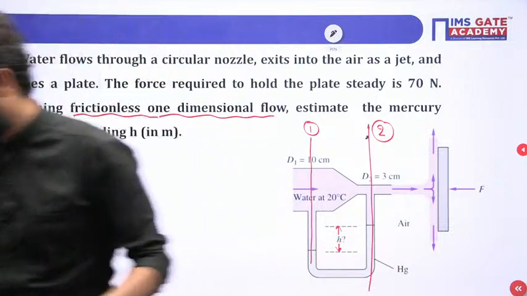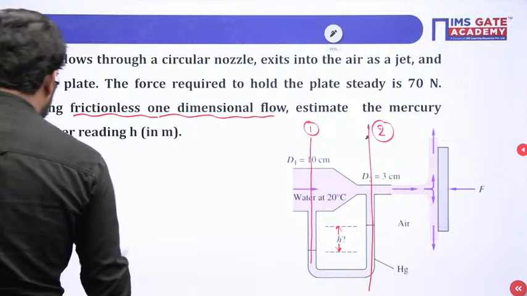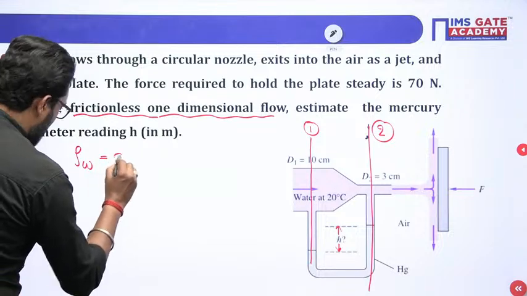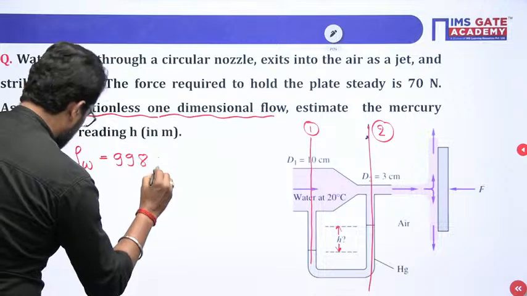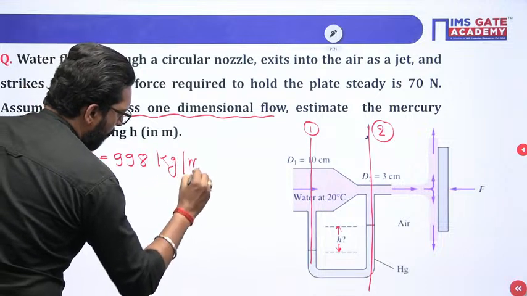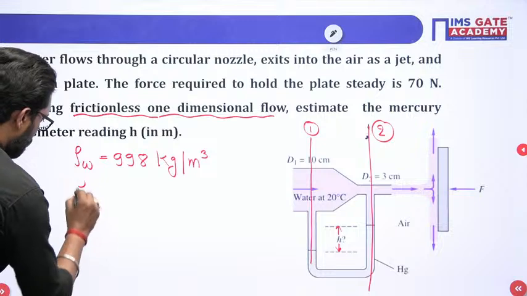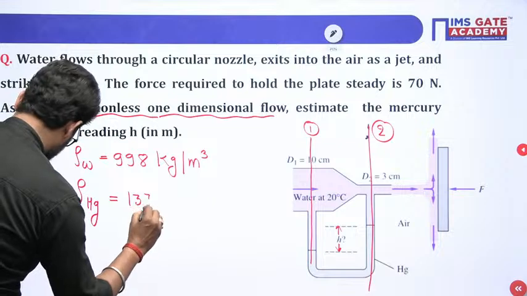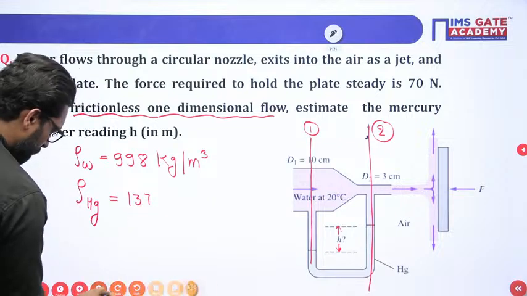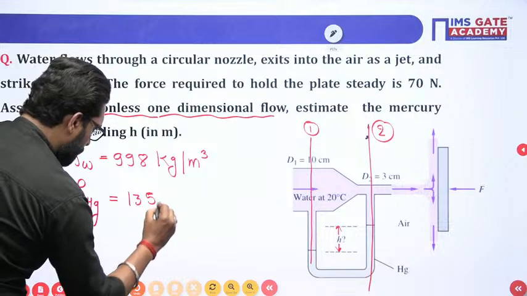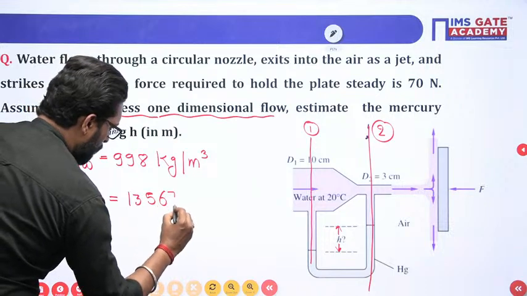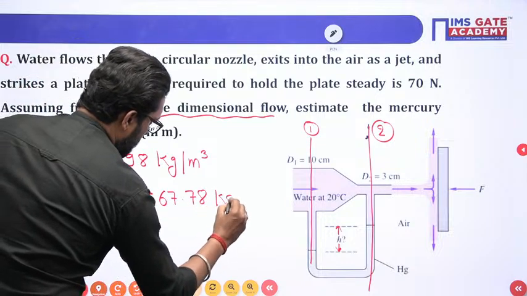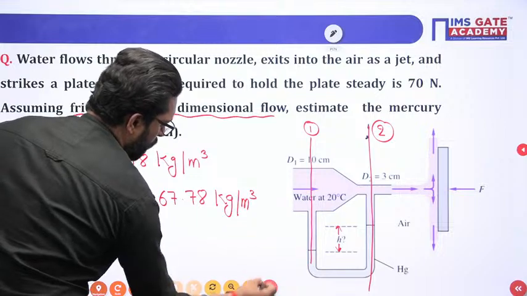How to start this problem? In this one, the density of water is given. You have to take the density of water equal to 998 kg per meter cube, and the density of mercury, with specific gravity given as 13.56, so you take 13,560 kg per meter cube. So the mercury and water densities are given.